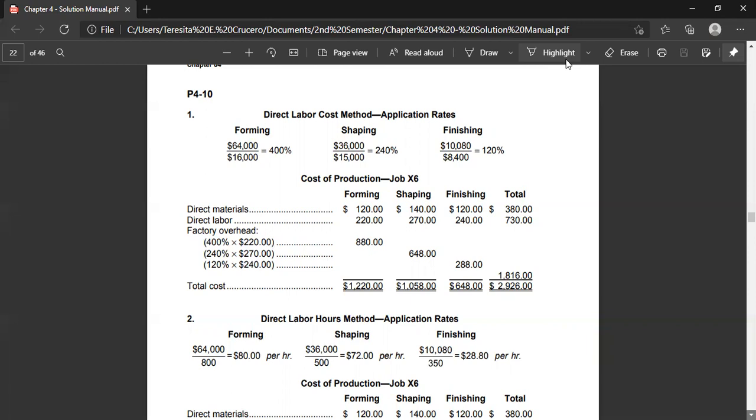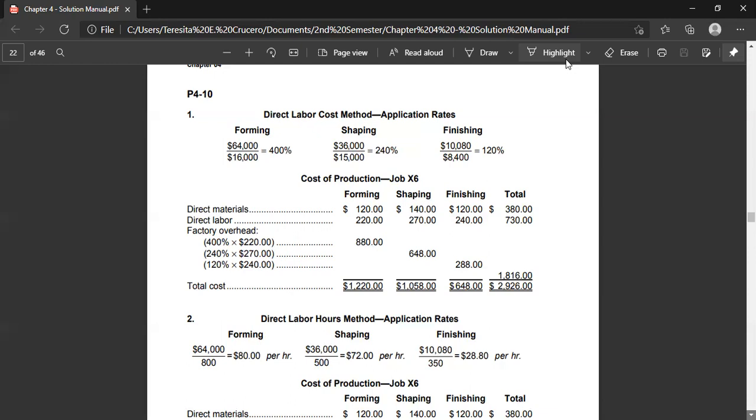The rate is 400%, meaning your direct labor cost is only one fourth, no? In other words, your factory overhead cost is four times your direct labor cost.